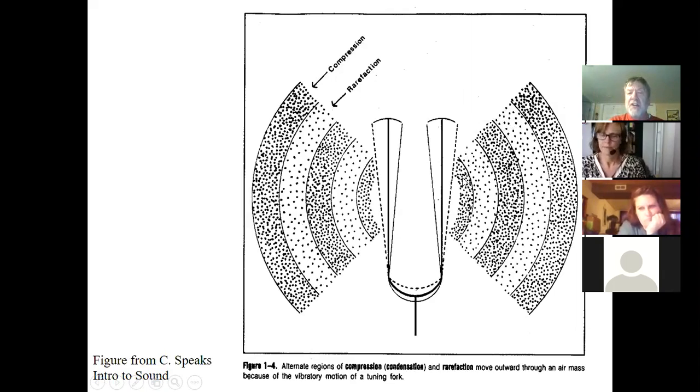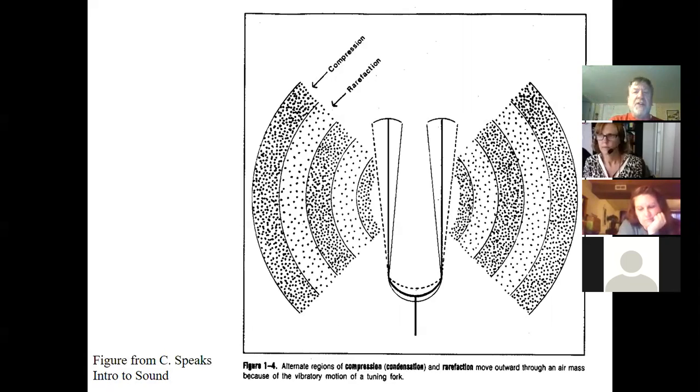You'll see this squeezing and separating of molecules. Those are sound waves. So sound waves don't really go up and down like this, because if they did, we'd all be doing this while we hear each other. What sound waves are is squeezing and separating of molecules.